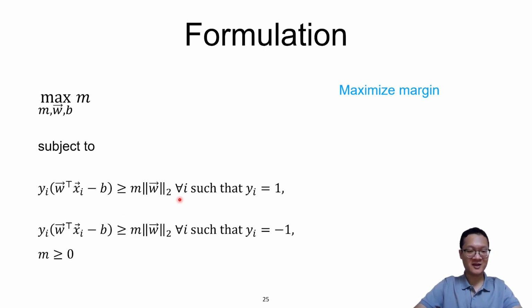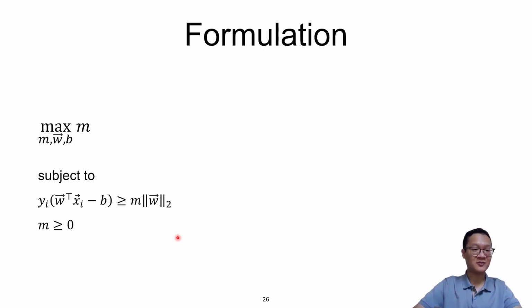And by doing this, this expression is now exactly the same, and the first constraint is for all positive examples, the second constraint is for all negative examples, and together they form all the examples. So we can combine everything into one line. So this should be for all i.